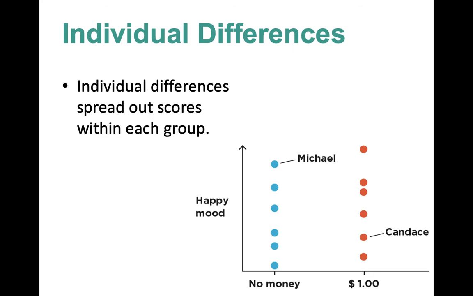So what we can say is that there's probably individual differences within each group, right? If you look at this person, Michael, versus the blue dot at the bottom, or if you look at this orange dot, Candace, versus this orange dot, there's a lot of what's called within group variability, within group differences. And that within group variability is obscuring the fact that money makes people ever so slightly happy.